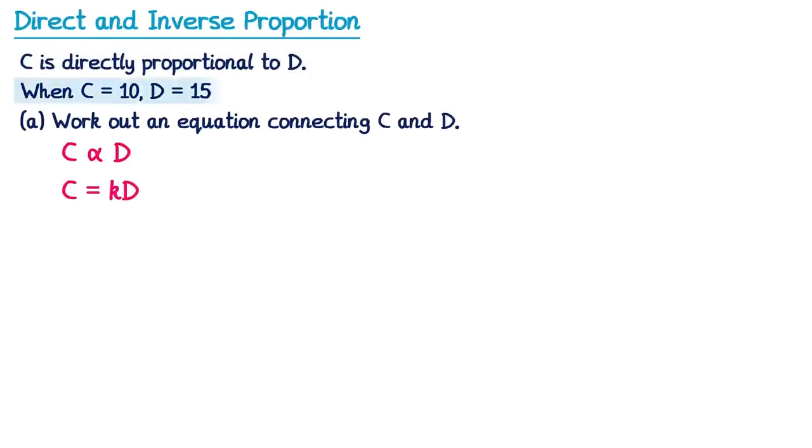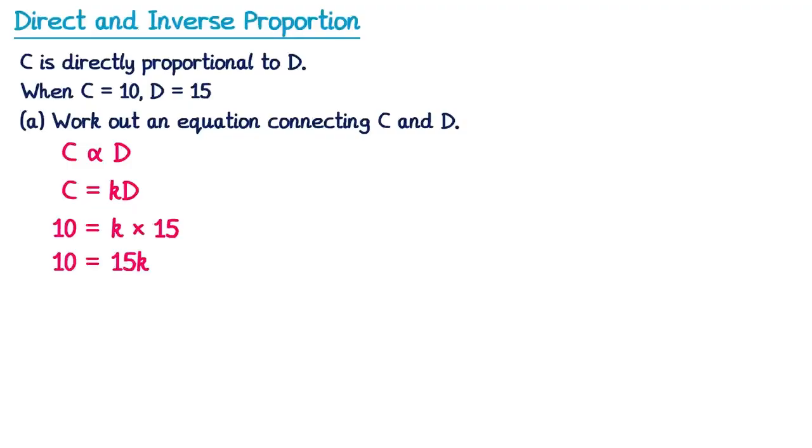To do this, we substitute in these values. So replace C with 10, and then it's K multiplied by D, but we know that D is 15. This gives us 10 equals 15K, and to find the value of K, you divide both sides by 15.